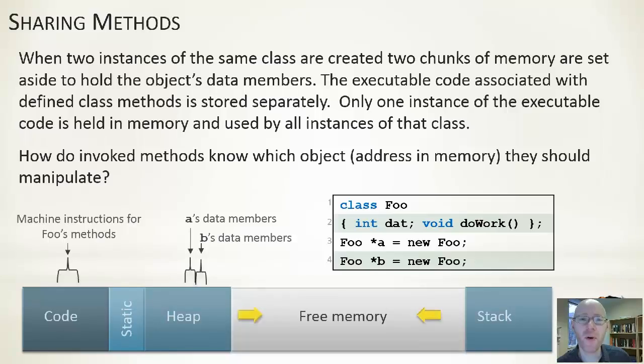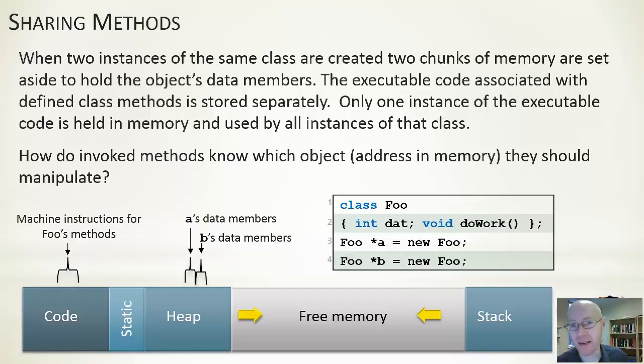The reason ties into how an instance of a particular class gets set out and stored in memory. Down at the bottom you can see the structure we looked at before, where the memory allocated to a program has a section for storing the code at the beginning, followed by any static data, followed by the heap or free memory, and the stack at the top.